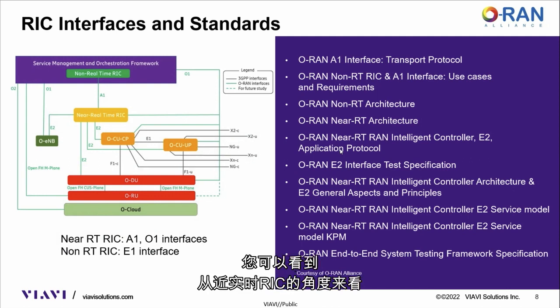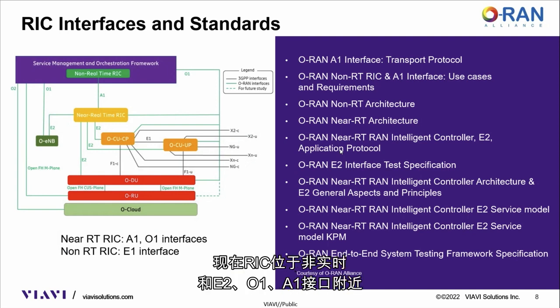And you can see the E2 interface is the important one from a near real-time RIC perspective, which has connections from the O-DU and O-CU into the near real-time RIC. Note the E2 interface shown here in green is currently an O-RAN interface, so it's not yet a 3GPP interface, unlike some of the other interfaces in telecom, such as X2 or Xn or F1.